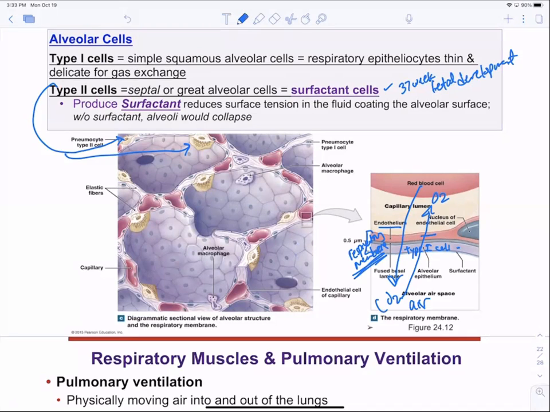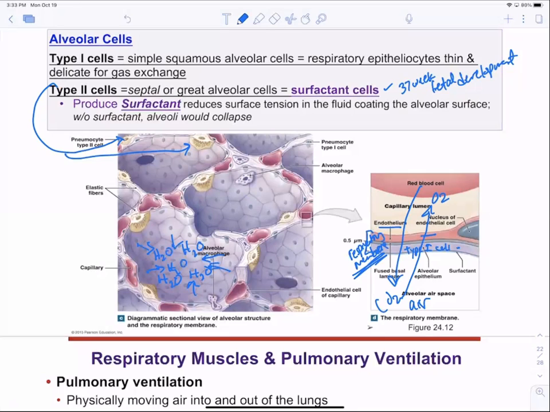So what surfactant does is, there is water in air. And so you have these water molecules, and water molecules are polar and they like to stick together. So if there's water in there, it's wanting to stay all next to each other, and it's pulling the sides of the alveoli inward. And we call that surface tension.